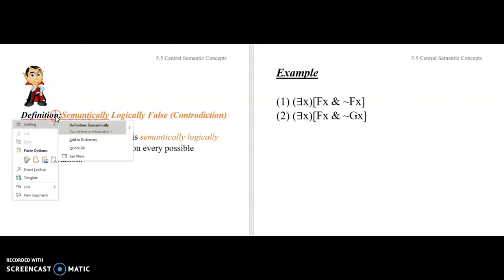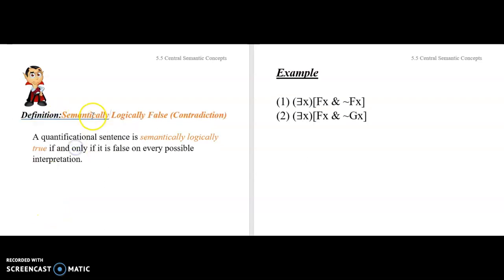Okay, so new concept, the notion of a semantically logically false idea or a contradiction. So harken back to chapter 2 where we learned about contradictions in the context of propositions, right? And we said that a proposition was a contradiction just in case it was always false. On every row of its truth table it was false.